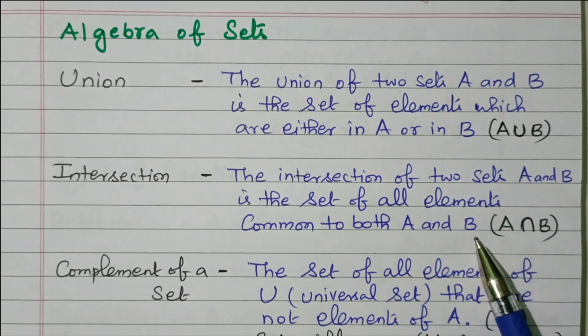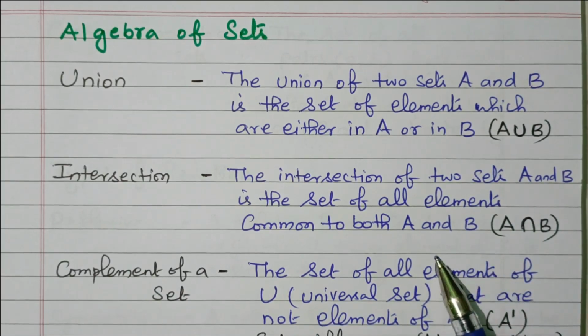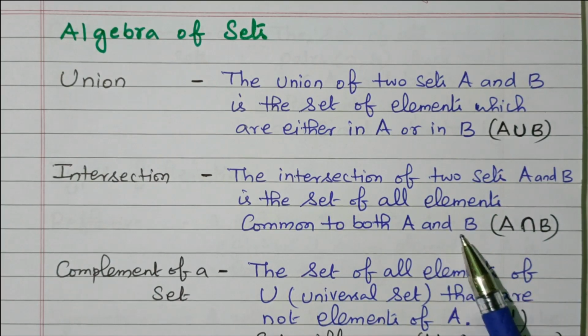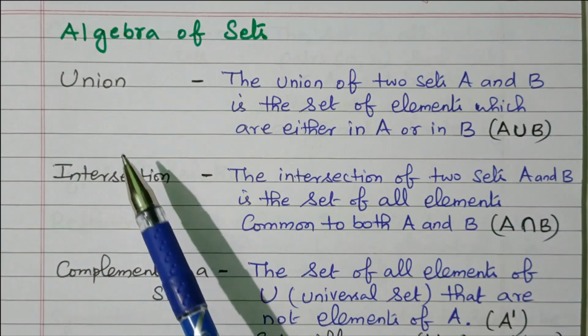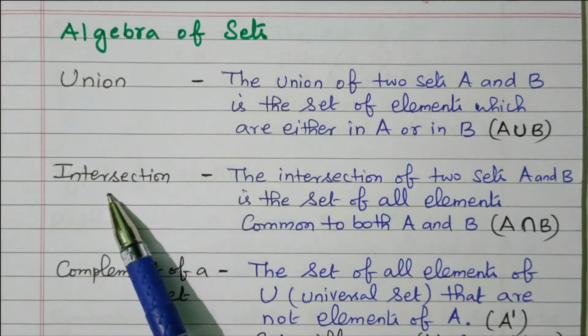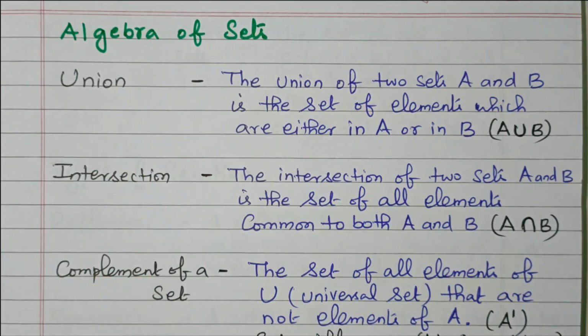Union means all the elements. Intersection means commonly available elements.